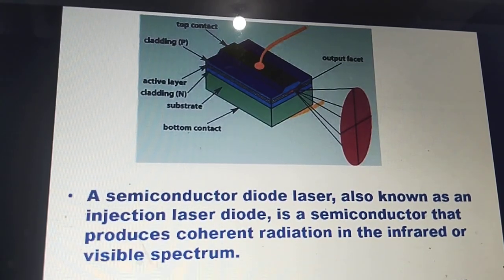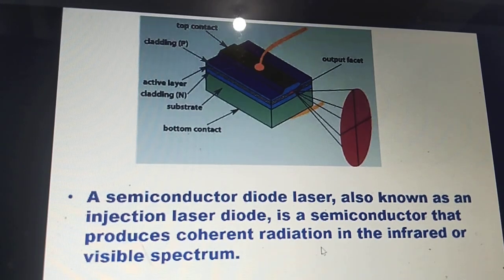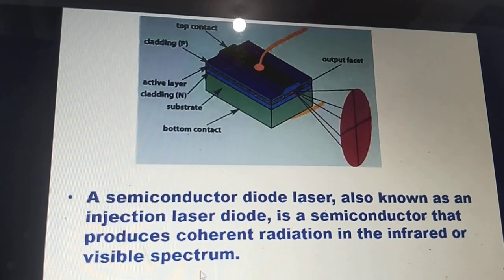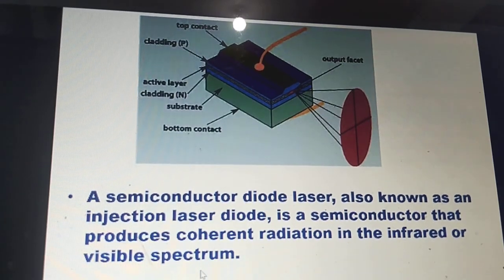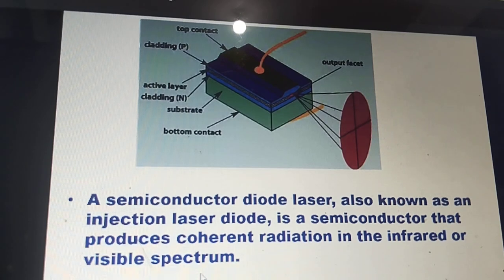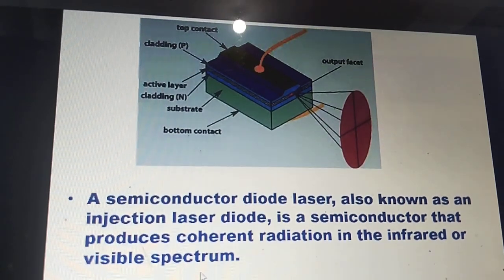That produces coherent radiation or stimulated radiation in the infrared region and in the visible region of the EM spectrum. So it uses a PN junction to create radiation with the same frequency and phase.